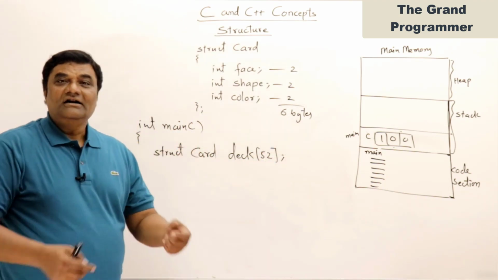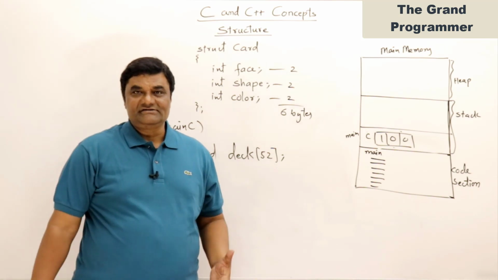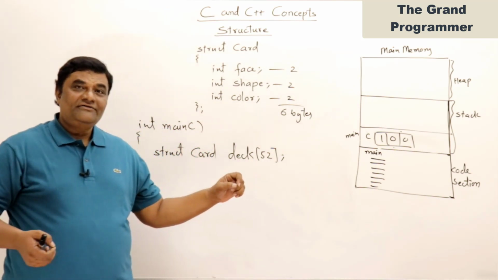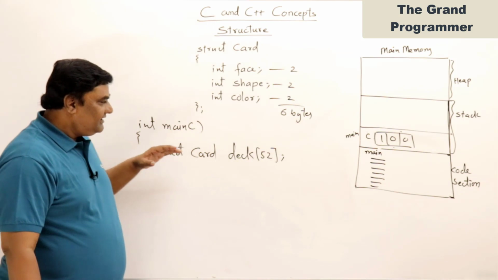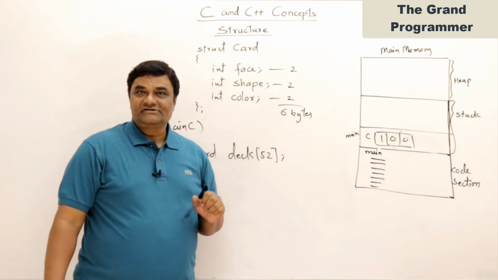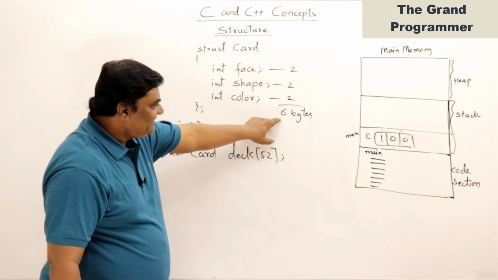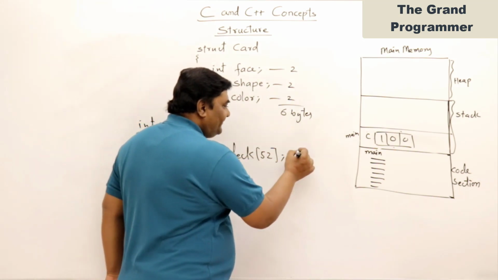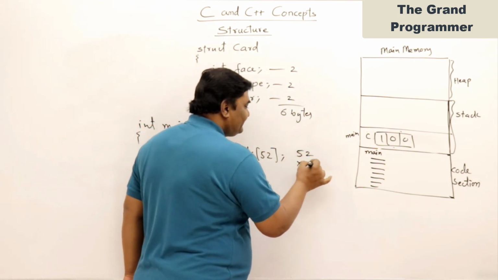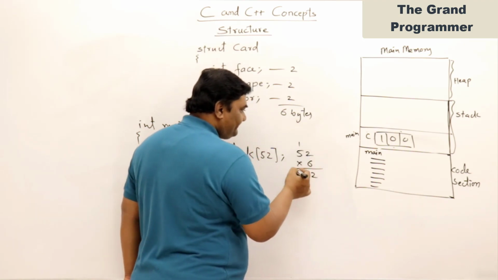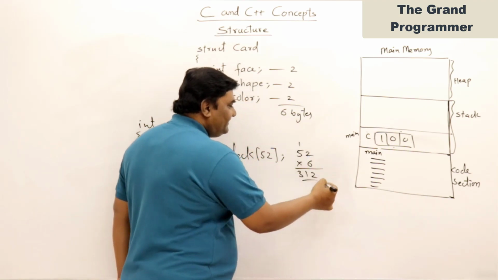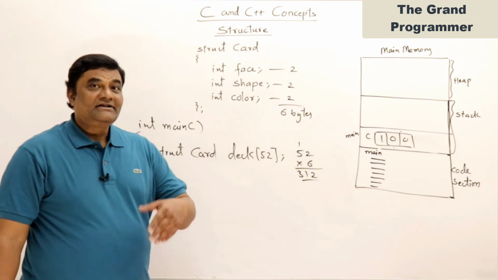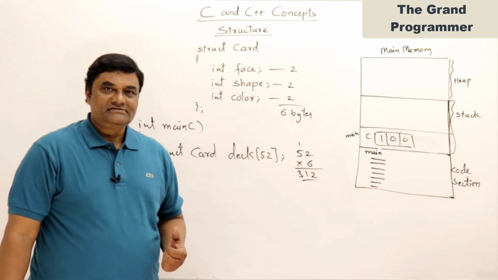This will form an array of structures. This is important, array of structure. So I'll be having 52 such structures. One structure is taking 6 bytes. How many bytes in total will it take? It will take 52 into 6 bytes, so 312 bytes. So I'll get 52 different cards.